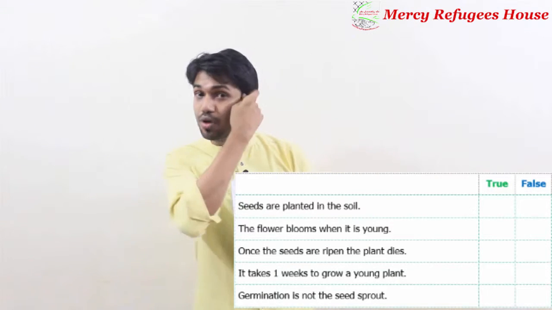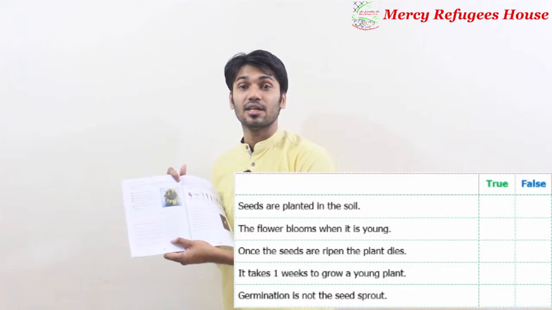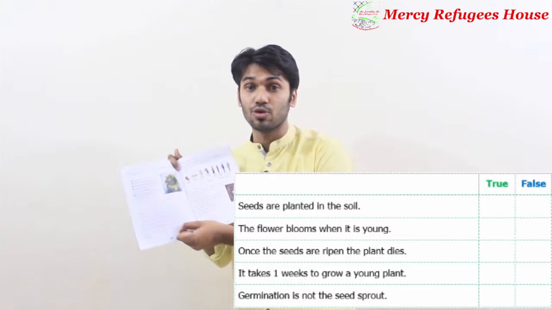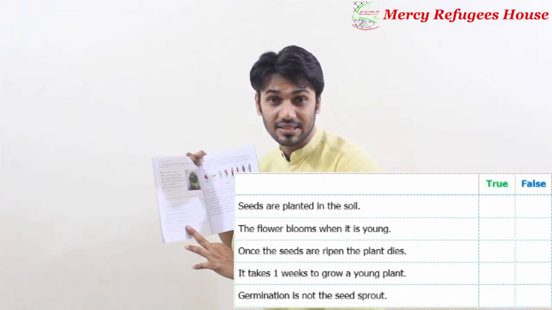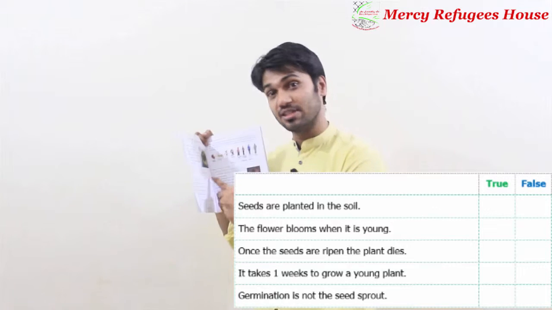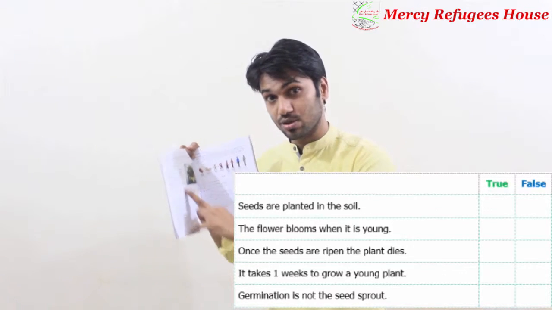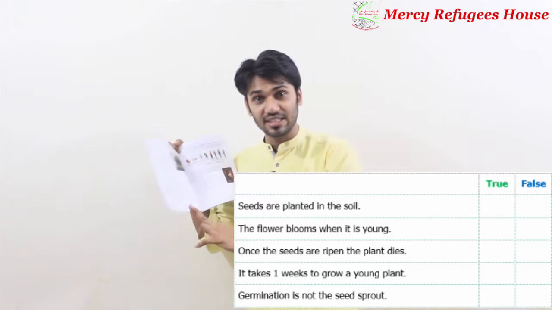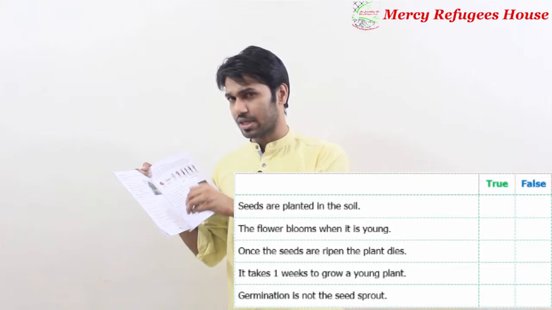There are some true and false questions given. You ask the students to fill it, but before you do so you tell them the meaning of these sentences, then they will understand whether this is true or false.